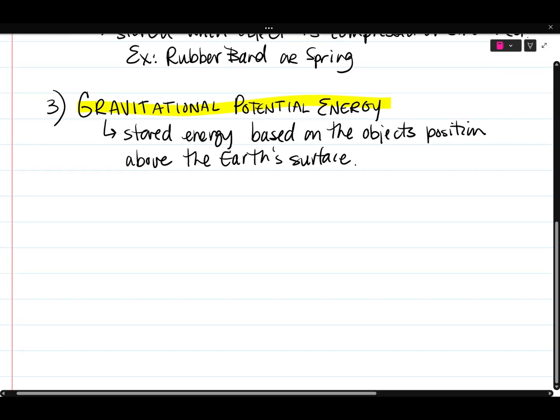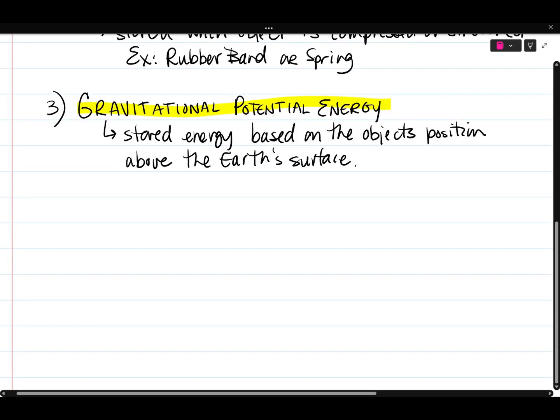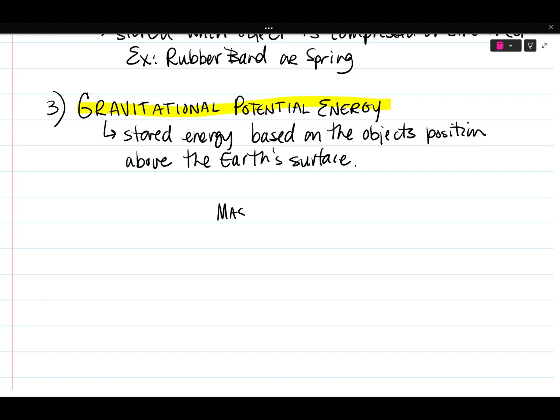Before we go into more detail about gravitational potential energy, we need to discuss mass versus weight. So your mass versus your weight. Mass is represented by the letter little m, and this is a scalar quantity.